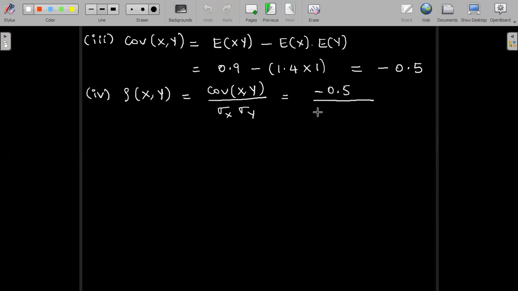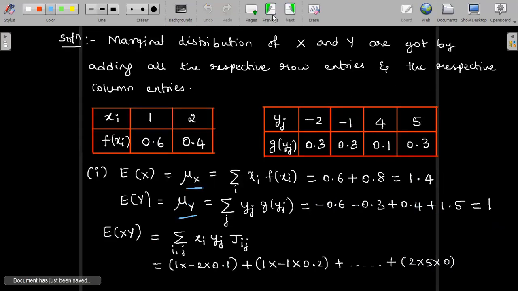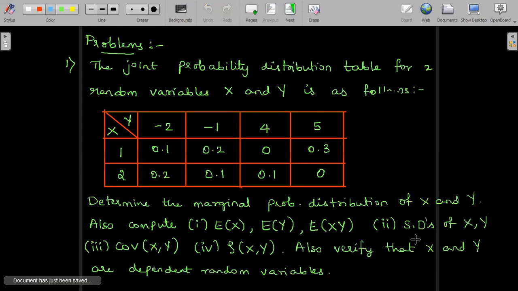So in the denominator, it is 0.49 into 3.1, and that gives us the answer approximately minus 0.3. And now the last part of the problem is to verify that x and y are dependent random variables.